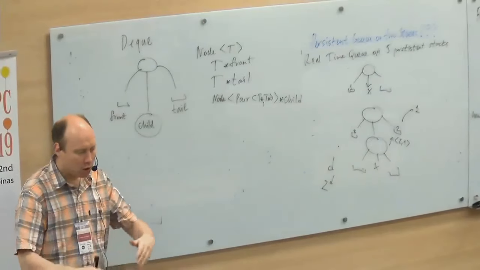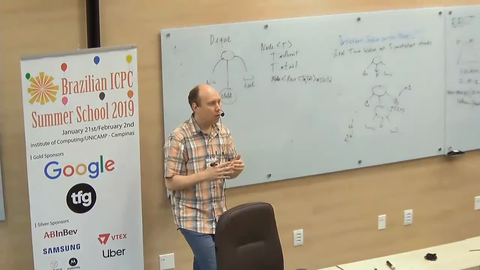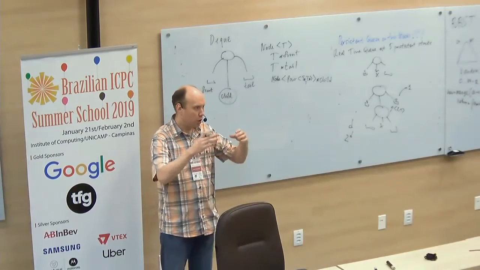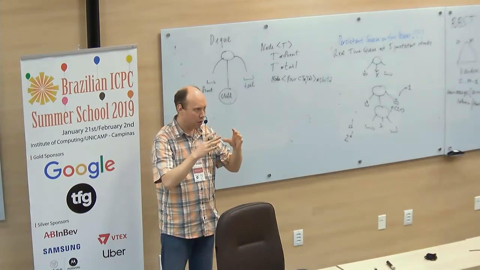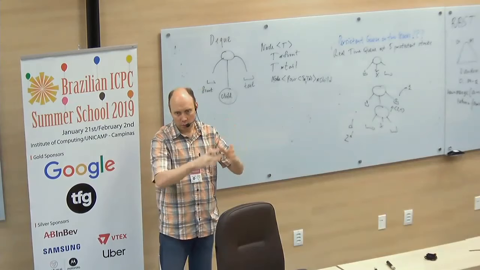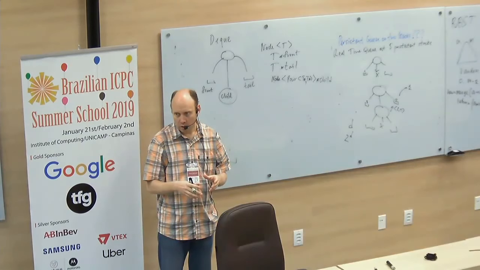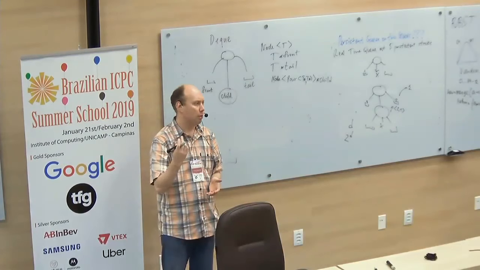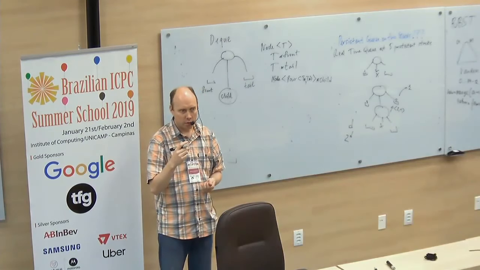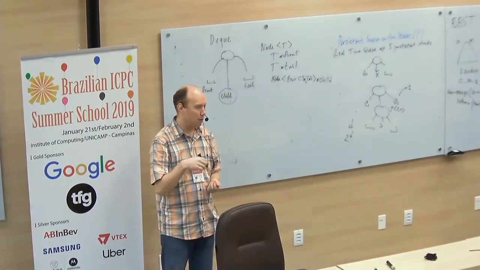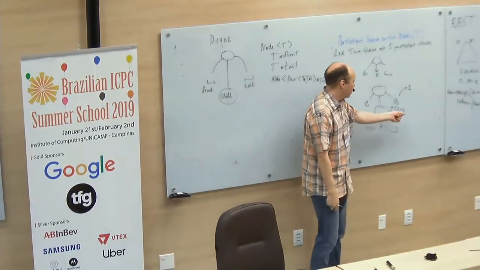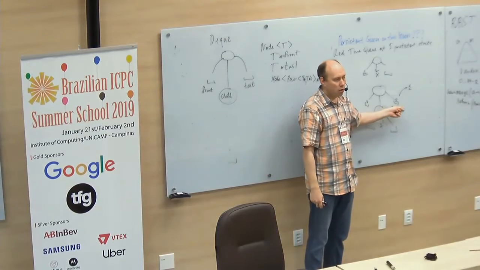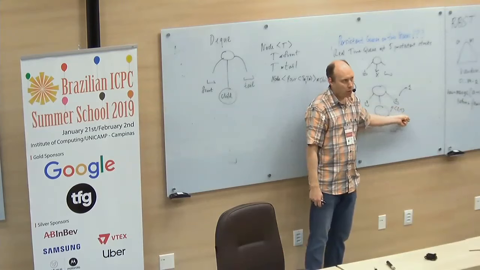If you push, if the buffer is empty, you put it down. If the buffer is not empty, you create a pair from the thing in the buffer and what you want to push, and push it down to your child. If you want to pop, if the buffer is not empty, you pop that. If the buffer is empty and the child is not empty, you pop from the child. Split the pair you pop into two parts. One part goes to the buffer, the other part is popped.